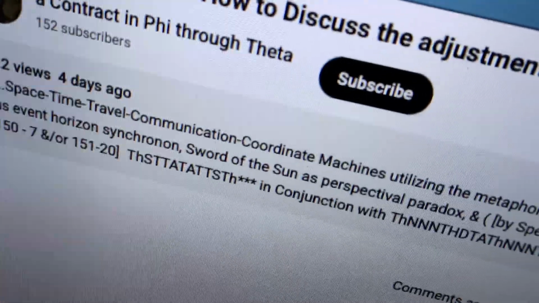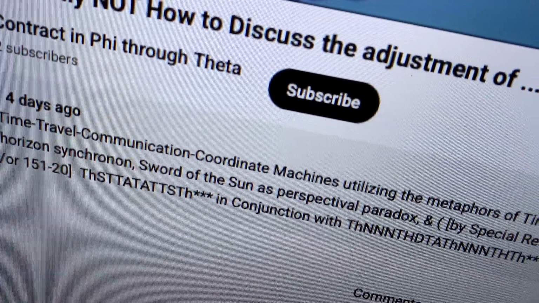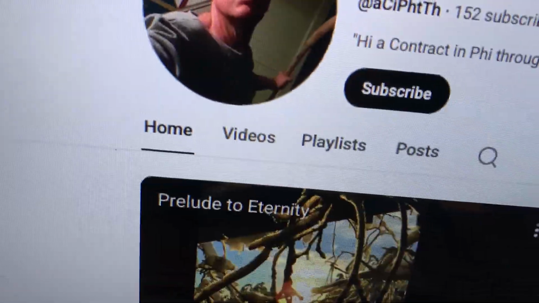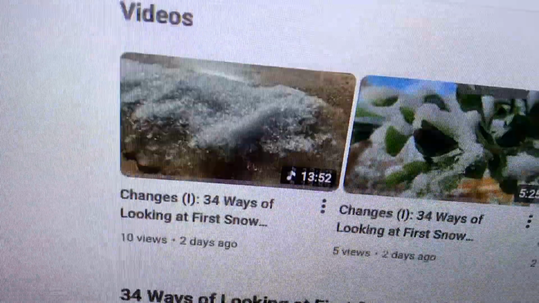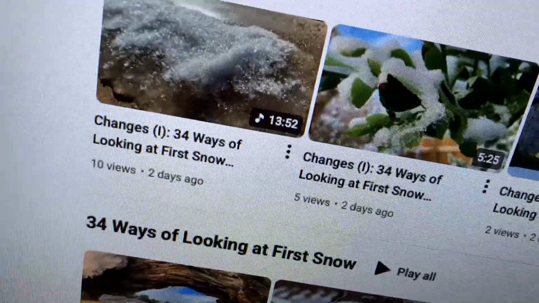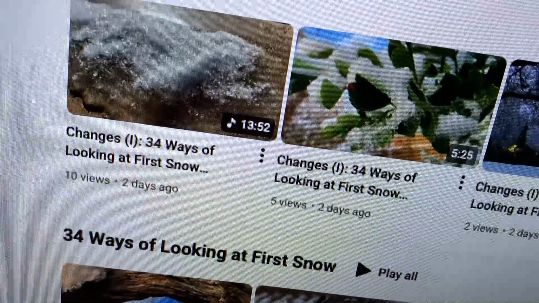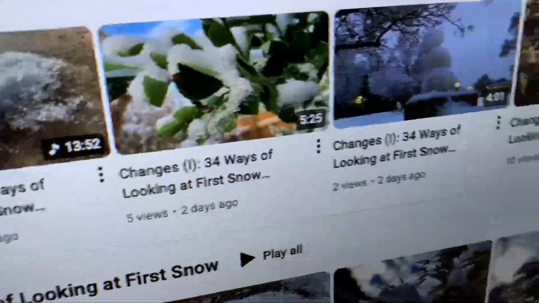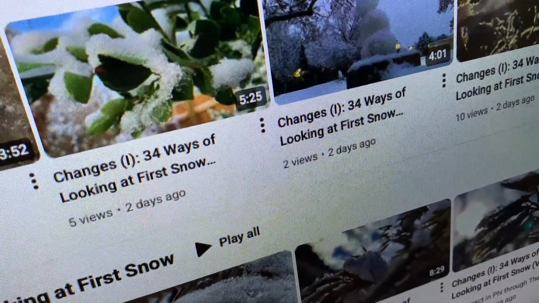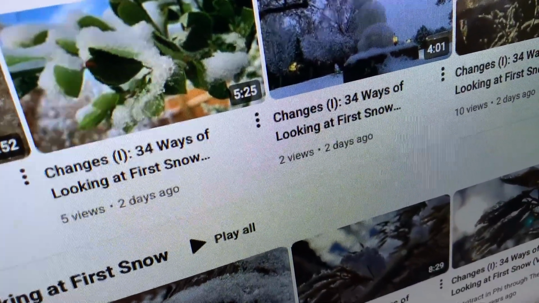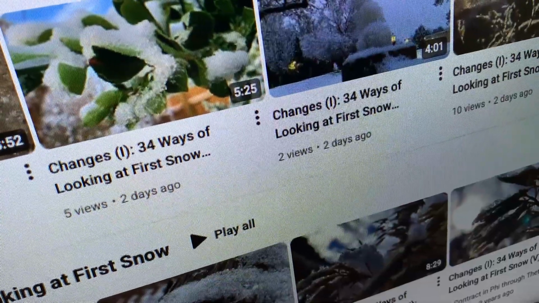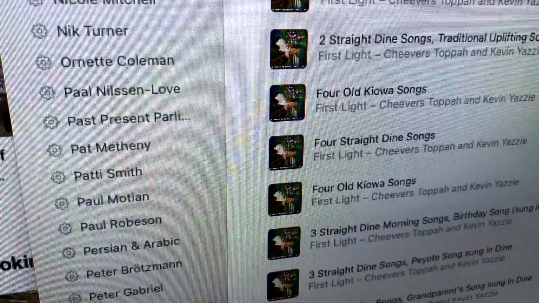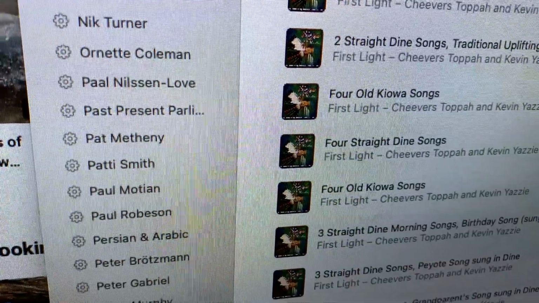Perhaps something as simple as the difference between space-time travel communication coordinate 104, I think it was -2, is that correct? -104.